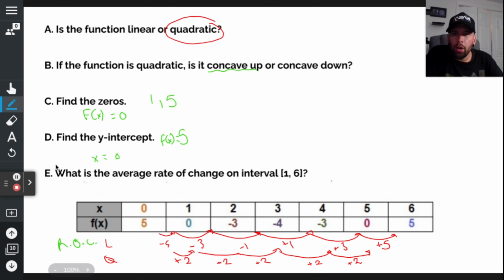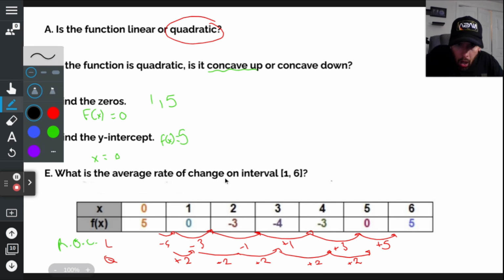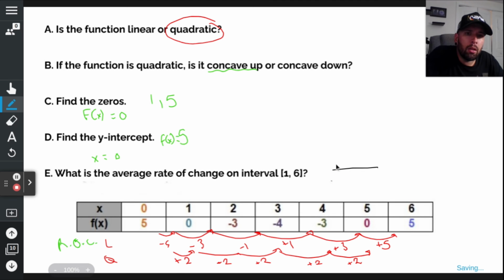What is the average rate of change on interval 1, 6? Well, I'm going to use the formula again. f of b minus f of a over b minus a. That is my interval. So I'm going to call a 1, which means f of a is 0.